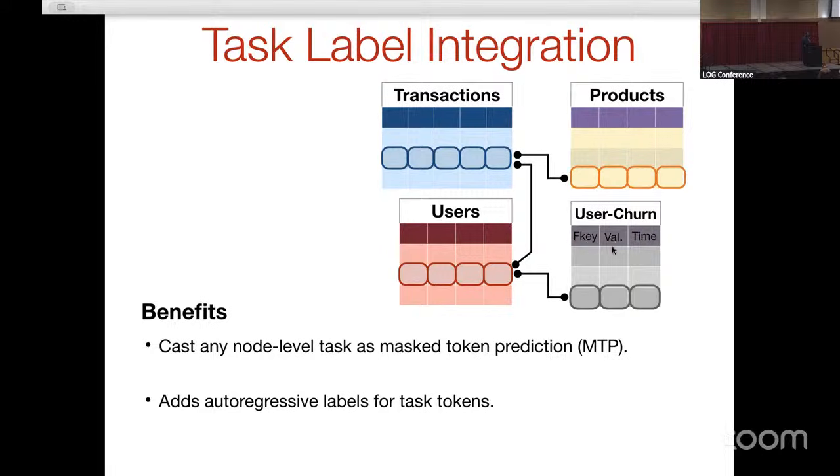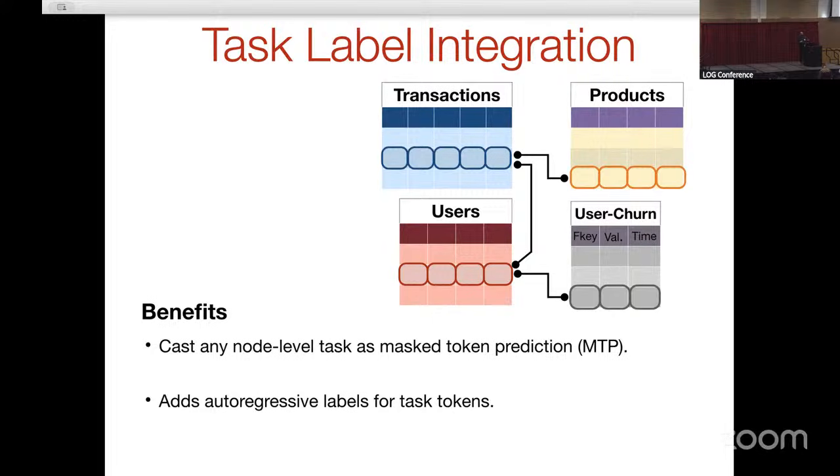The second column is the value of the label, remember 0 for active, 1 for inactive, and we also have a timestamp. We are going to use that as part of our transformer, meaning that these are also cells, or tokens, in our transformer architecture. So the information of this user churn table are tokens in the relational transformer.